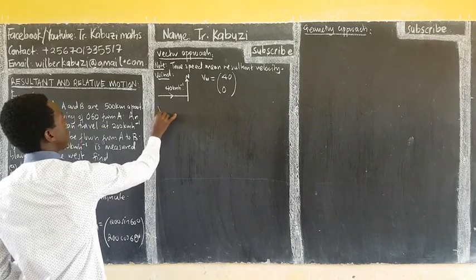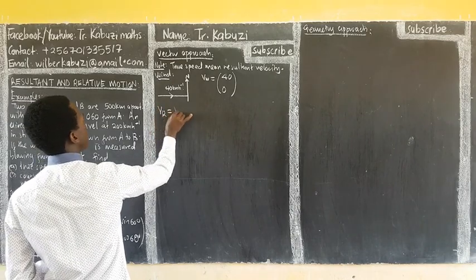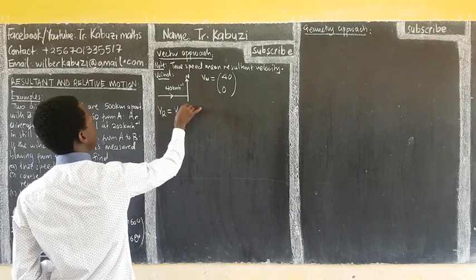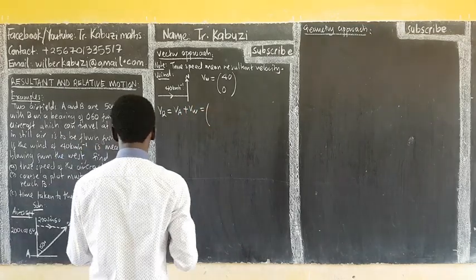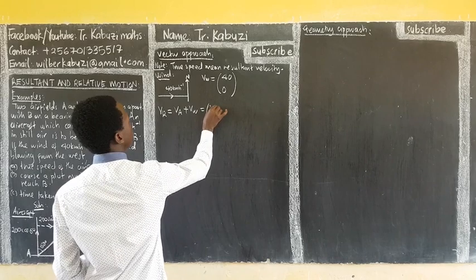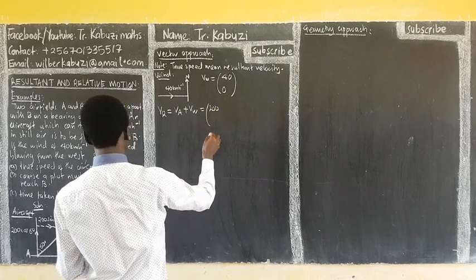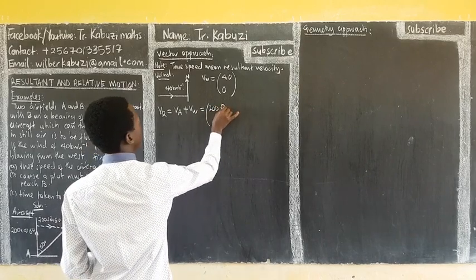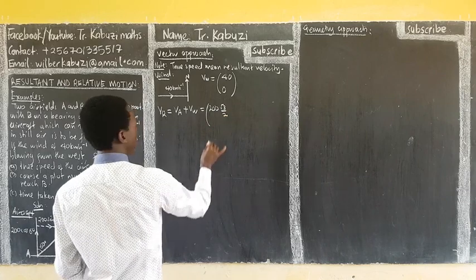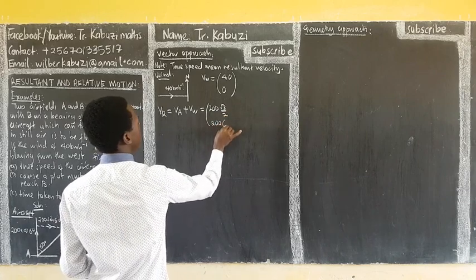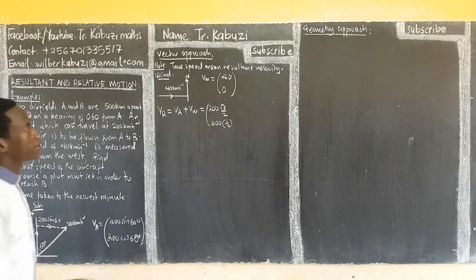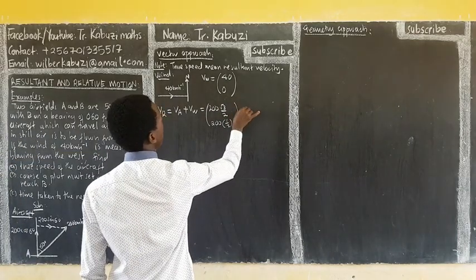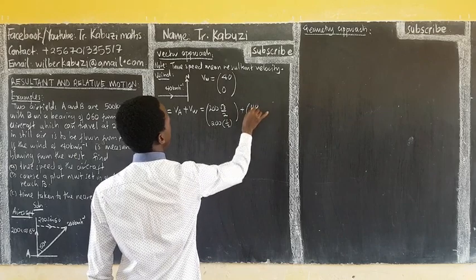So now our resultant velocity, Vr, is going to be the velocity of the aircraft plus the velocity of the wind. For our aircraft, it's going to be 200 root 3 over 2, then 200 into a half, cos of this and sine of that. Then plus 40, then 0.